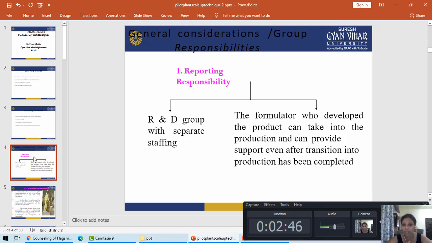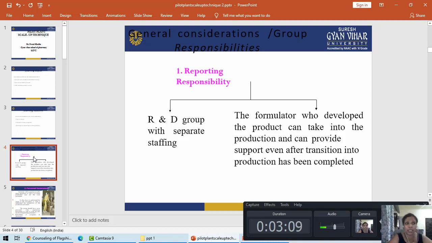We have discussed that pilot plant scale up is the step or the technique which we use to transfer the formula from the laboratory scale to the large scale, that is manufacturing scale. That is known as pilot plant scale up. And scale up and pilot plant are two different things. This also we discussed in our last lecture.